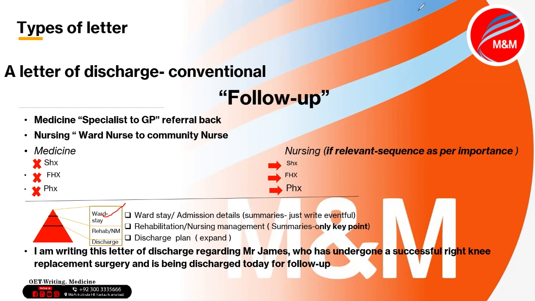They might not use the word discharge sometimes, but normally when we read the case note, you would have an idea that it's a letter of discharge. You have treated the patient and it's a kind of referral back. So we are referring this patient back to the primary care physician to update him or her about his condition, right?